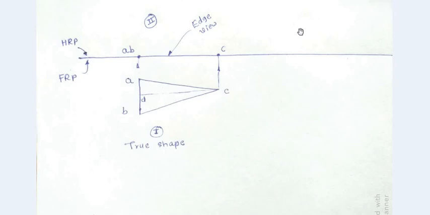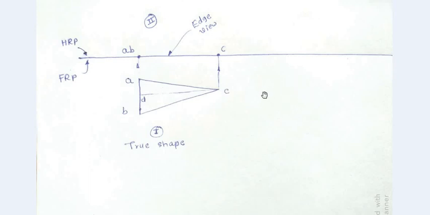The data is that the edge view is inclined such that the top view appears as an equilateral triangle of 40 mm. So that data we have to use. We have to draw the inclination of that value of angle such that the top view should appear as an equilateral triangle.